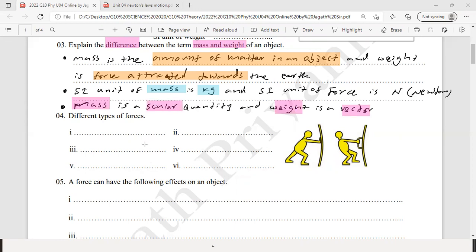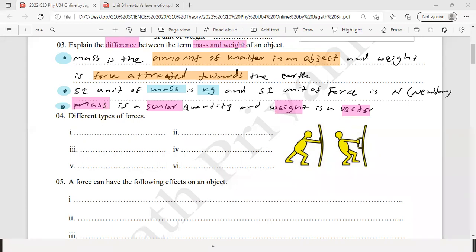Then if you want, you can write one more thing. Actually, your mass is independent of the gravitational acceleration. You can write here, the mass does not depend on the gravitational acceleration, or mass does not change with the place, but weight changes with the place.